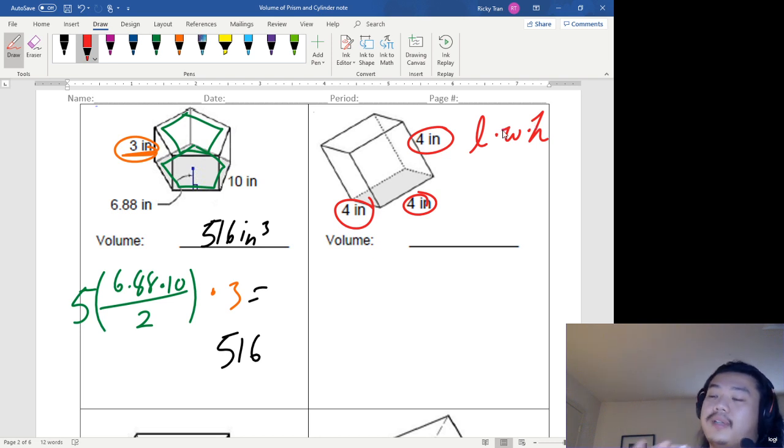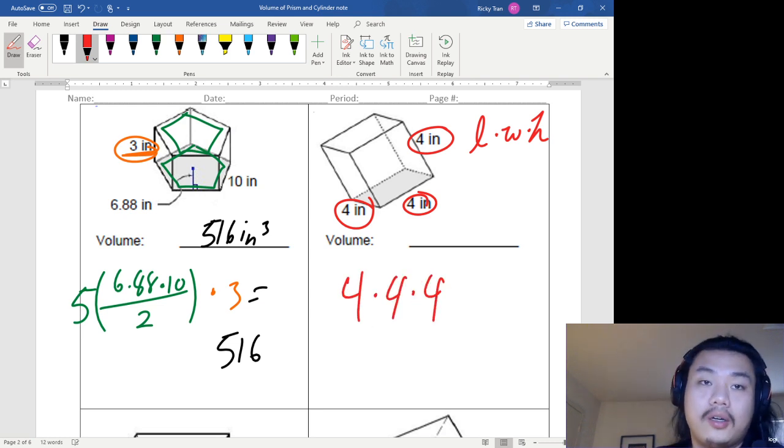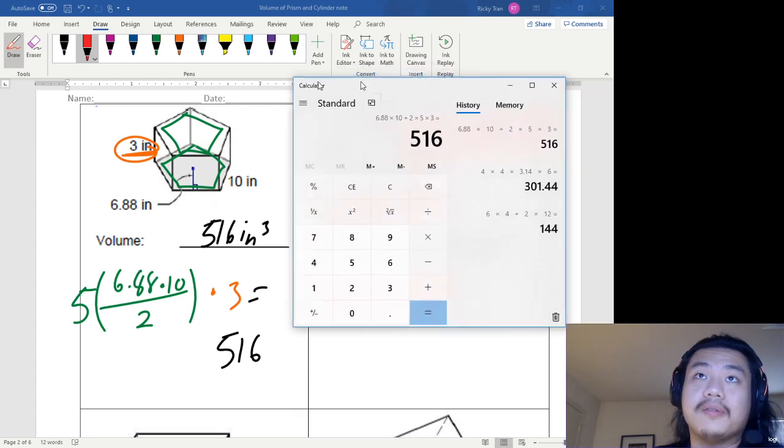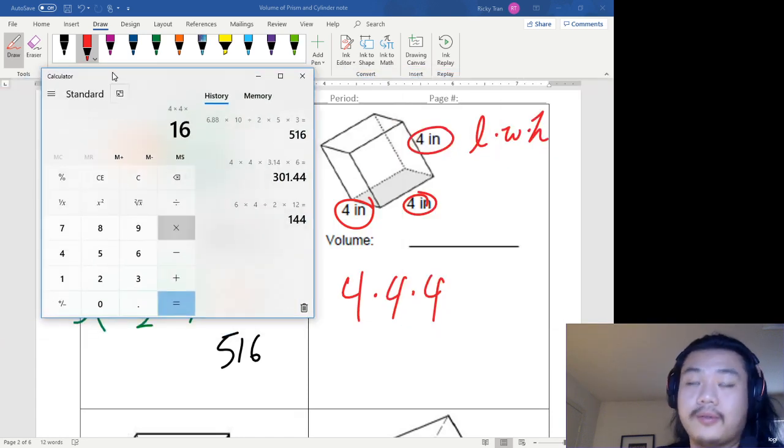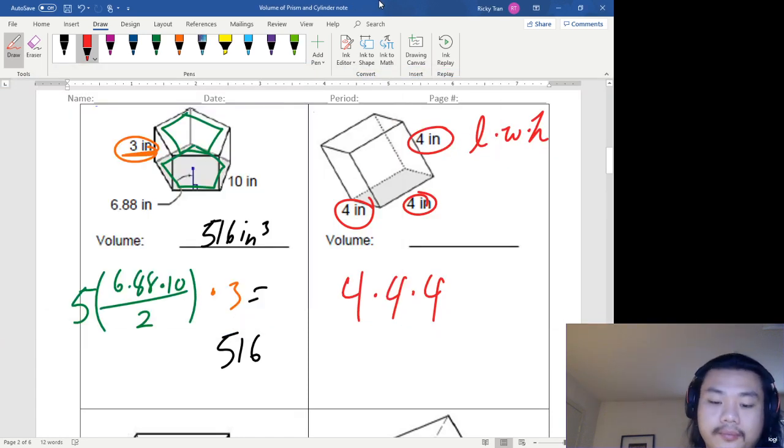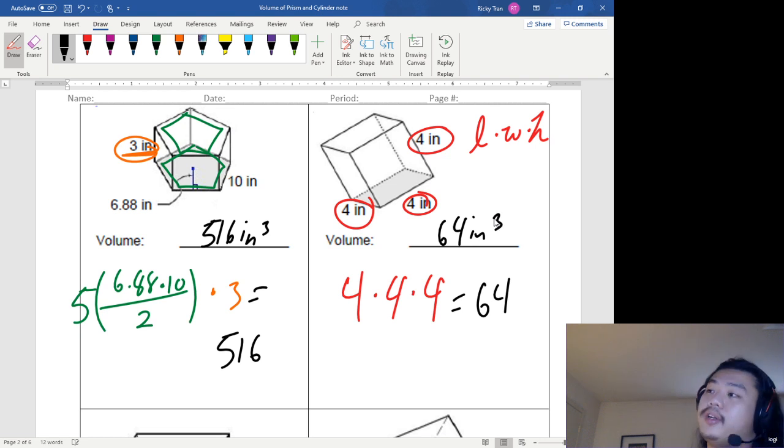Length times width times height. In this case, 4 times 4 times 4, which is 64. 64 inches cubed. Again, we're in three dimensions, so we're using cubed, units to the power of 3.